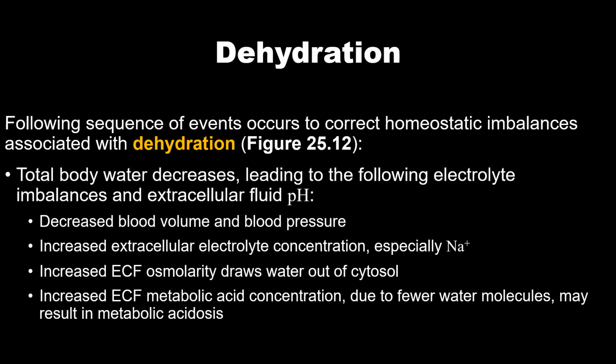There's a decreased blood volume, possibly blood pressure, and increased ECF electrolyte concentrations, especially sodium. That leads to an increased osmolarity of the ECF, which draws water out of the cytosol of the cells, crenating them. It also increases concentrations of metabolic acids in the ECF. There's less water, and so the concentration of acid goes up. Metabolic acidosis may develop in this case.